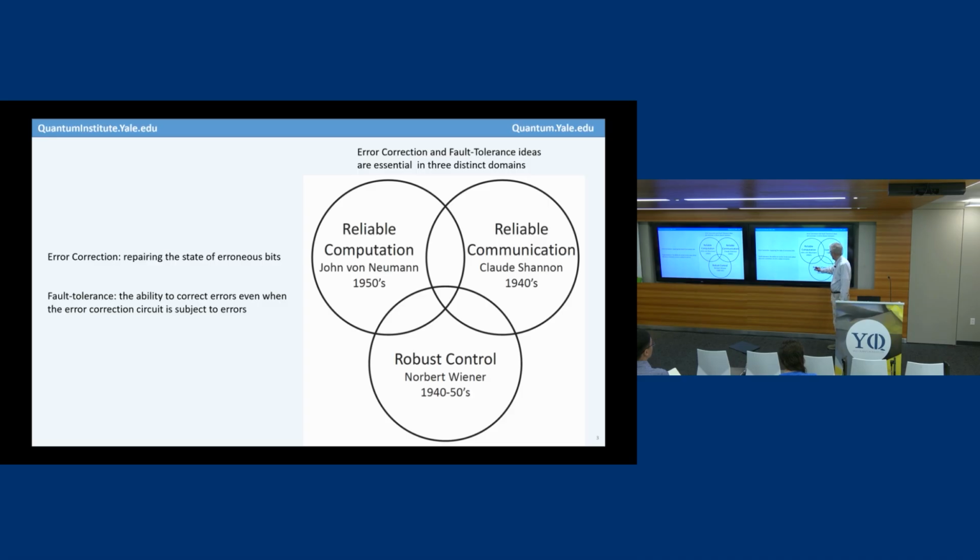And people were learning how to robustly control such plants, as they're called. And how do you control them when there's noise in the measurements you're making of the state of the system? Possibly even your controller is subject to errors.